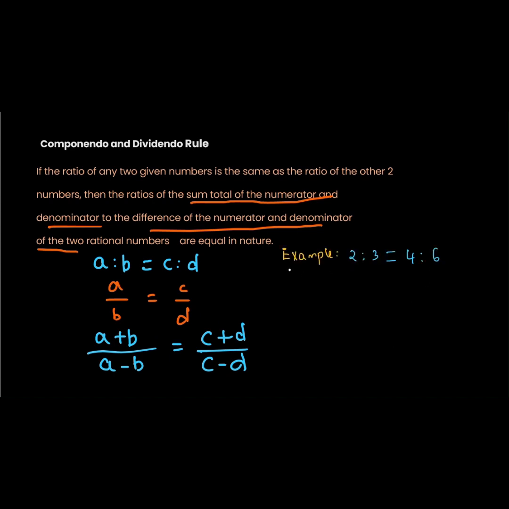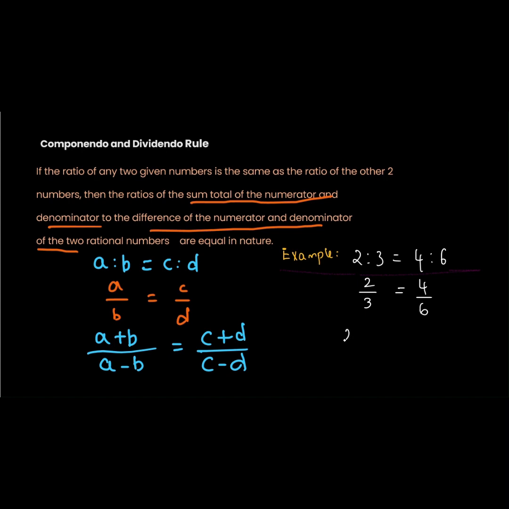Let's say we have 2 is to 3 is proportional to 4 is to 6. First we need to bring them into fraction form. So let's write 2 over 3 and 4 over 6. Now the numerator is 2 and the denominator is 3.